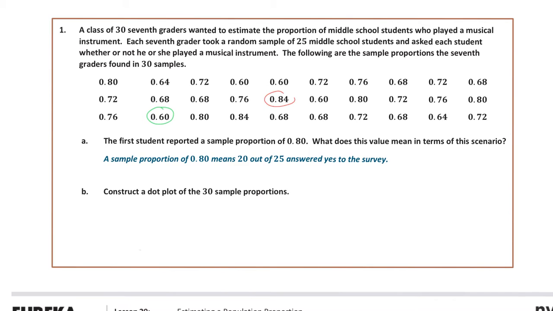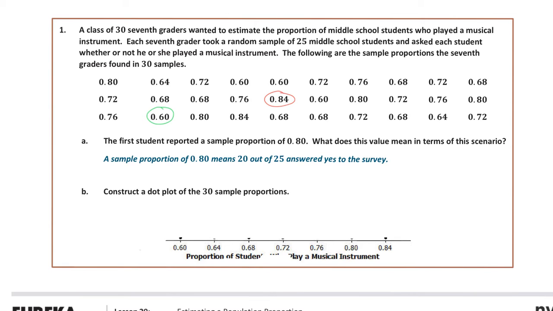Okay, and I see 84 hundredths, so that seems to be about the biggest value. Alright, so below here, we know that we're going to start at 60 hundredths, so go ahead and create this line here. And so we have 60 hundredths to 84 hundredths. And if you would like to put your title here for the portion of students who play a musical instrument, go ahead. If you need to pause this video to get this down first, you may do that.